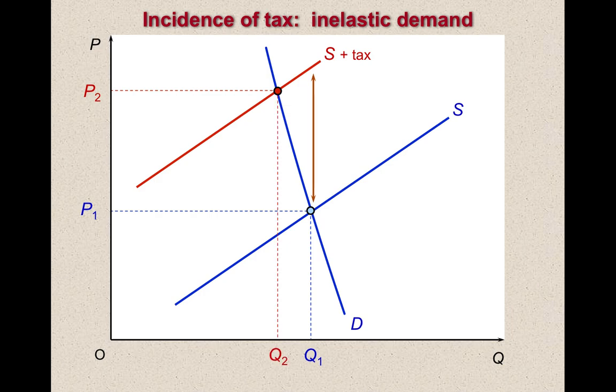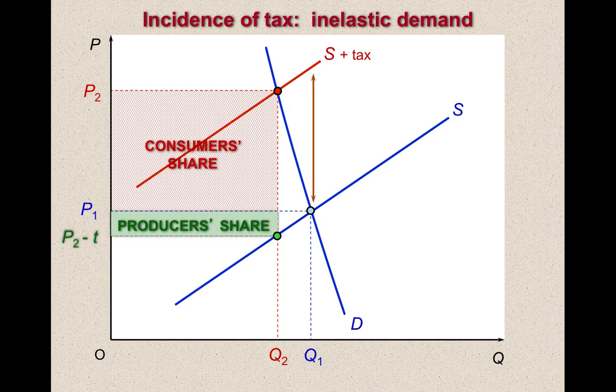We're going to make those same boxes that we just made. And you can see that if it's an inelastic curve, like cigarettes or maybe alcohol, anything that's addictive, the consumer share is substantially larger than the producer share. I would encourage you to pause and try to make this diagram so you have a copy as well.